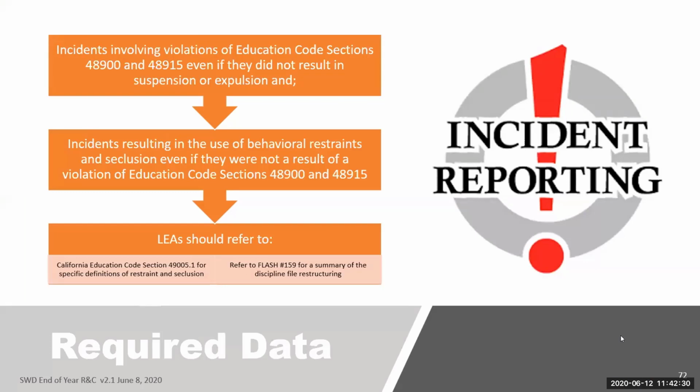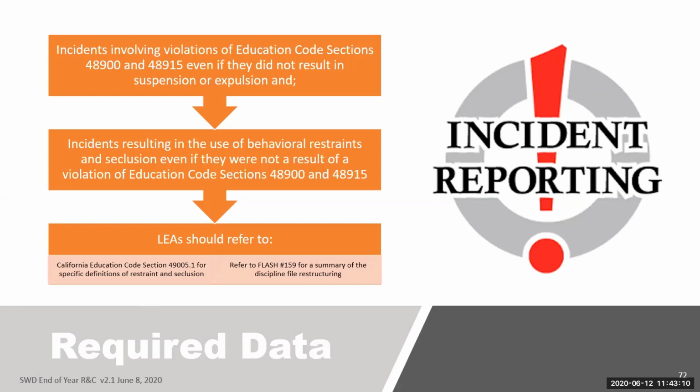And so identifying what constitutes an incident, right? Incidents are violations that have been outlined in Education Code sections 48900 and 48915, right? Even if they did not result in a suspension or expulsion, these violations that are outlined in Ed Code 48900 and 48915 must be reported. Incidents resulting in the use of behavioral restraints and seclusions, even if they are not violations of Ed Code 48900, 48915, must be reported. And there is Ed Code that identifies and describes restraints and seclusions.